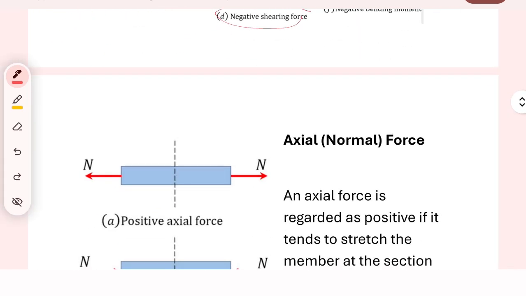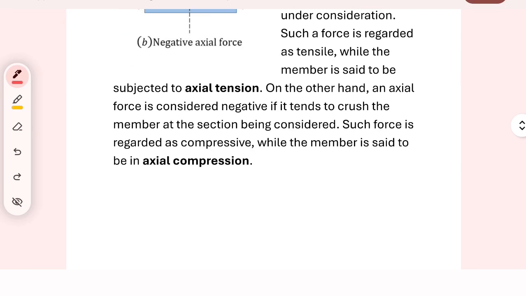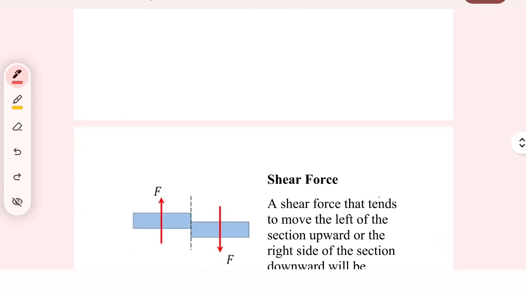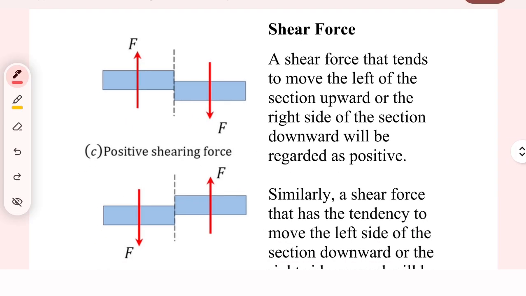There's actually an explanation for that. As you see in here, a shear force that tends to move the left of the section upward or the right downward will be regarded as positive. So this is a positive shearing force. Why?